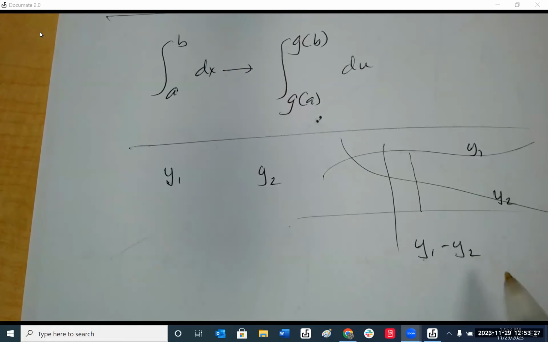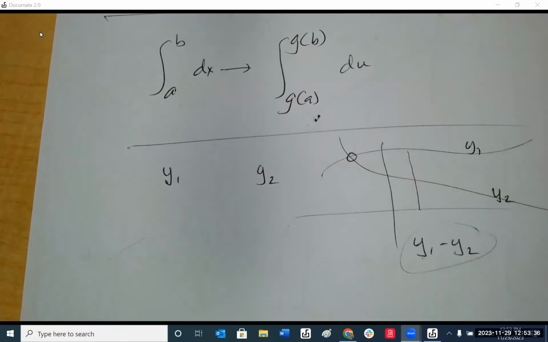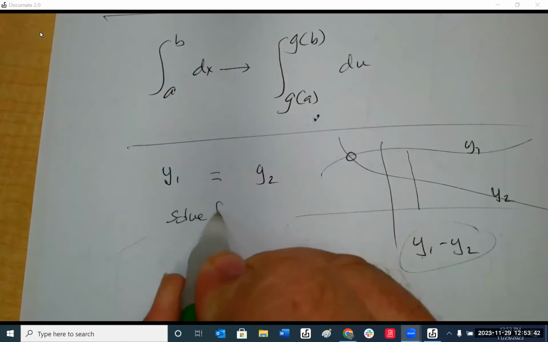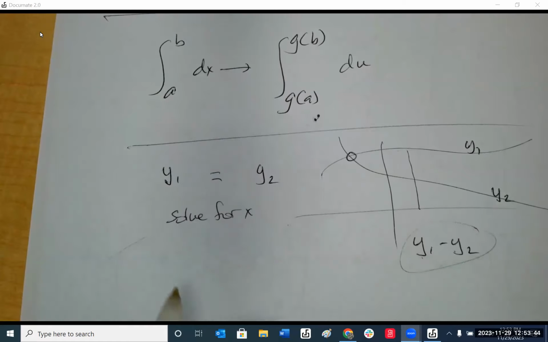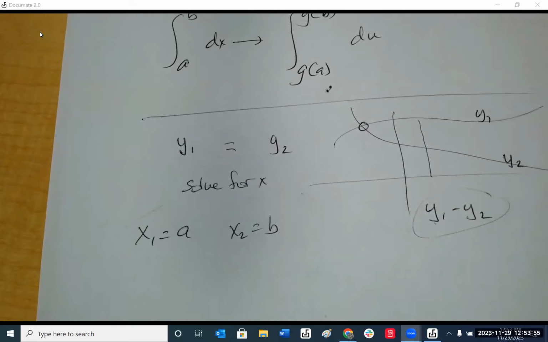It's bigger minus smaller, so that way you never end up with something negative. And what you always want to do first is see if there are any points in common. Set them equal to each other, solve for the x's, and those become your x1, which is your A, and your x2, which is your B. So far, so good.